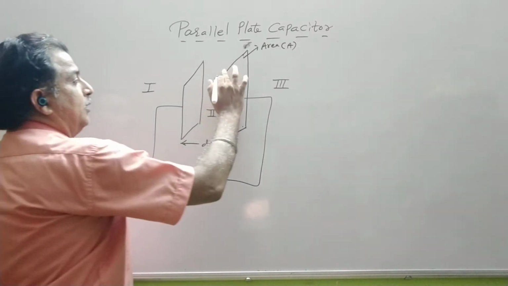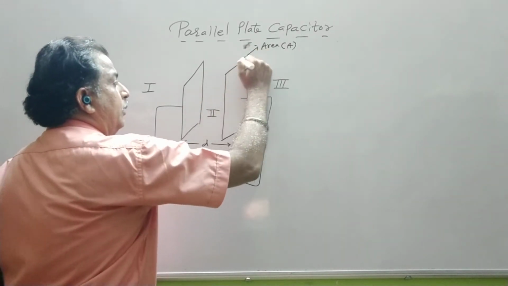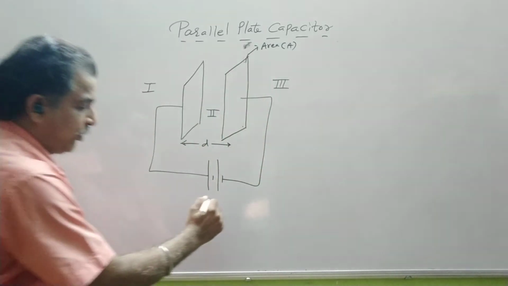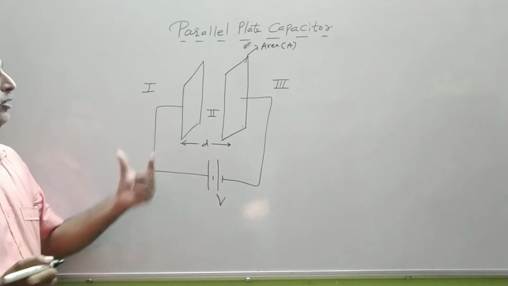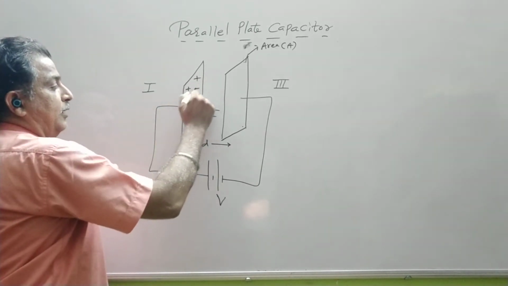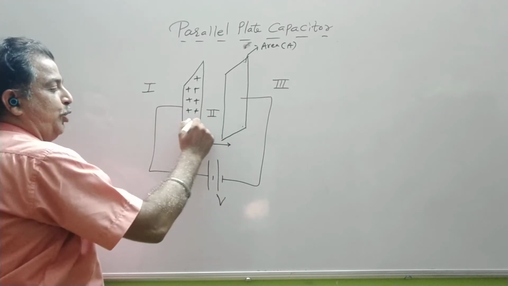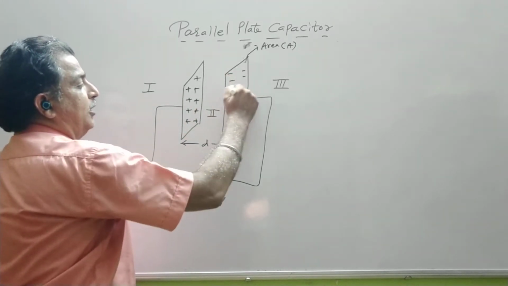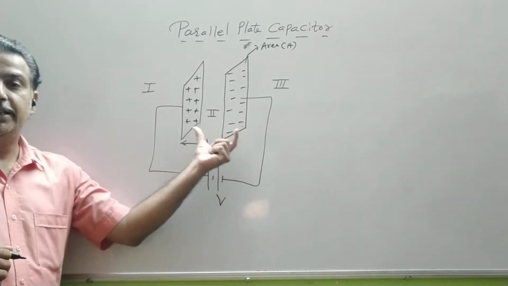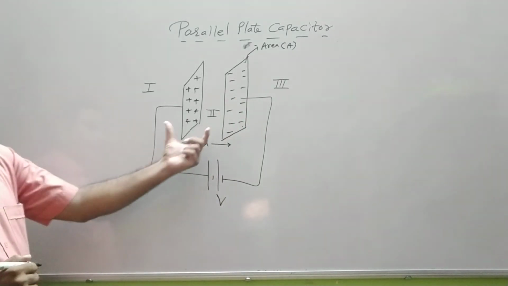Now we know that when these two plates are connected with a battery of V volt, one plate becomes positively charged, so charge is uniformly distributed on its surface, and the other plate becomes negatively charged, with charge uniformly distributed on it.